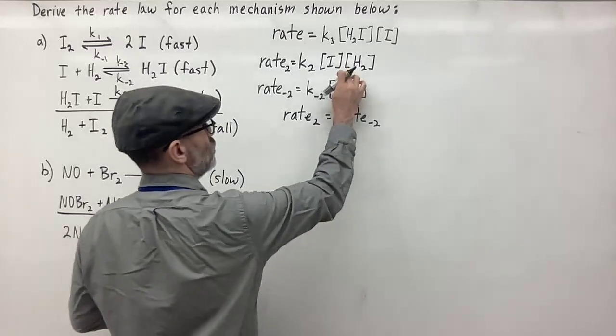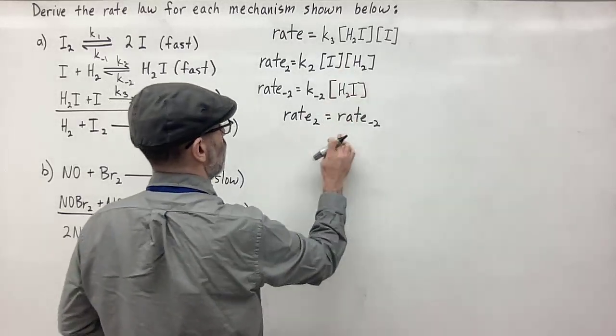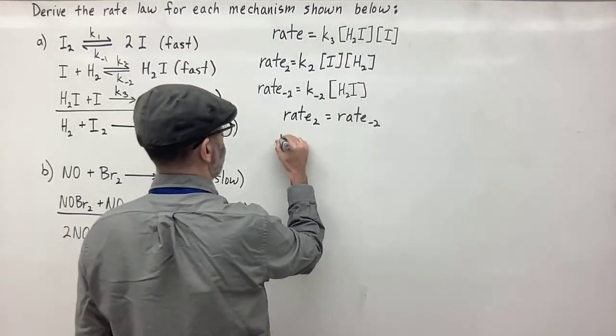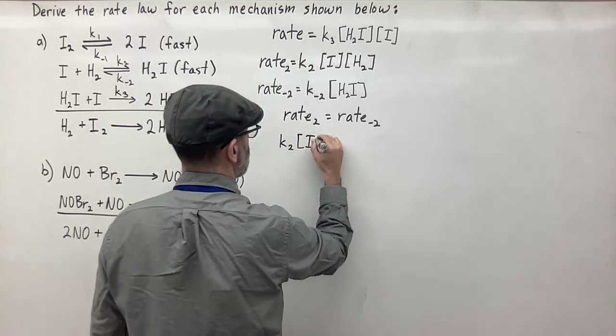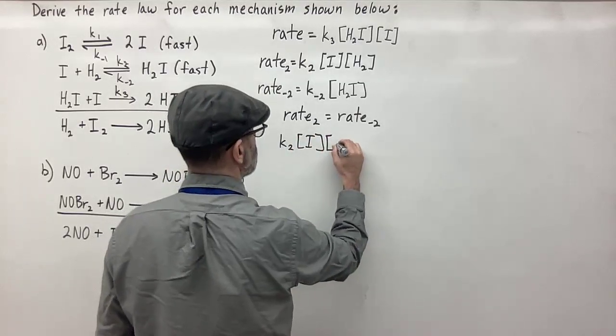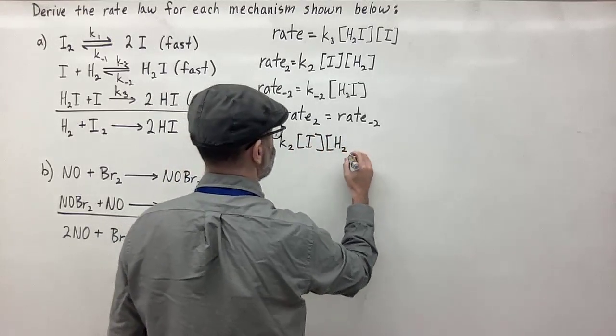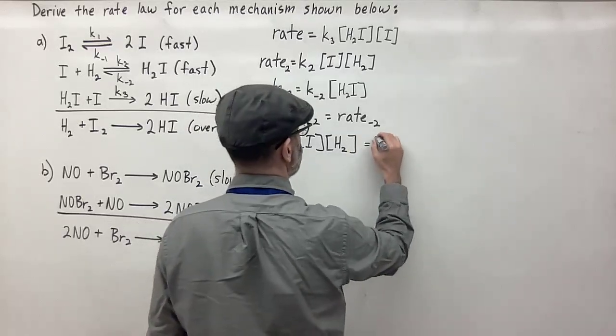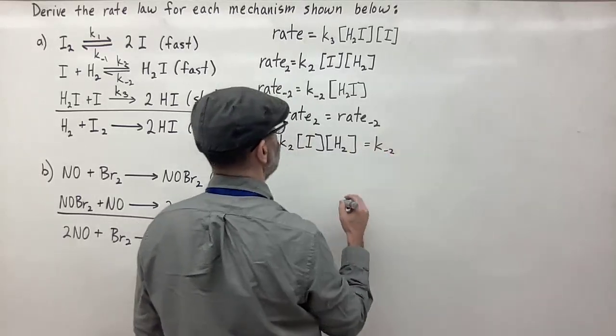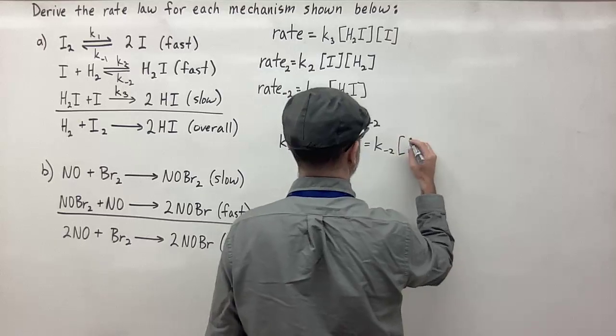And then we just substitute these in. So here we'll have K2 times the concentration of I times the concentration of H2 is equal to K negative 2 times the concentration of H2I.